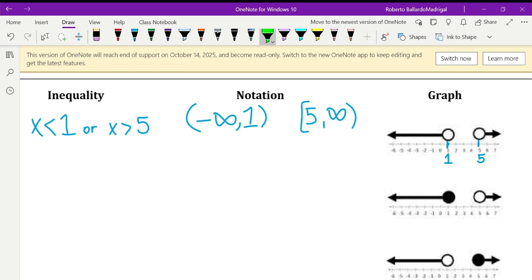But this keyword or, instead of writing the word or, we're going to use a mathematical symbol for or, which is a U. It looks like that. Yes. That's right. It is. Thank you. Okay, so as a notation, we're going to have negative infinity, comma 1, or 5, comma infinity.